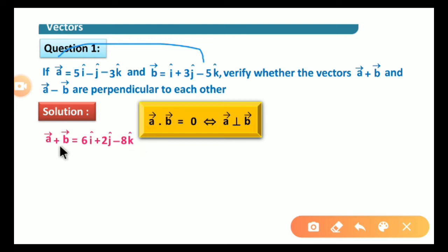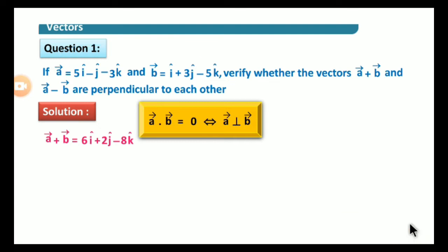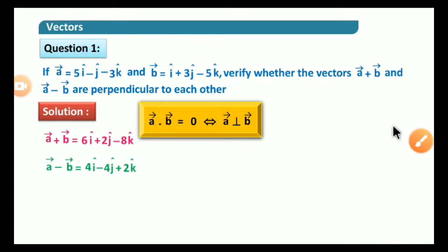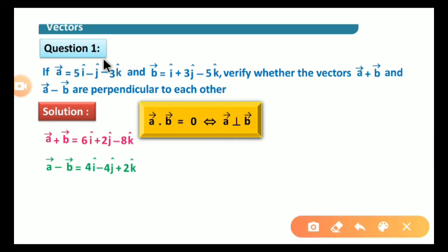That is the value of A plus B. Similarly, for A minus B, we have to subtract. 5i minus i becomes 4i, minus j minus of plus 3j becomes minus 4j, right. Similarly, minus 3k minus of minus 5k becomes plus 2k. So these are the two vectors which we need here.